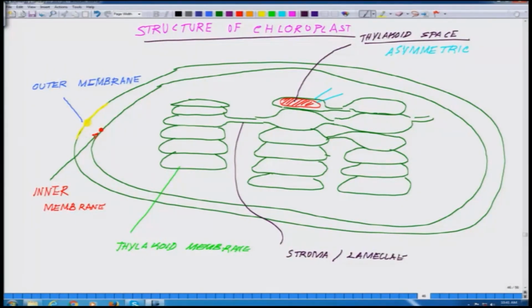And then there is a space in between these two which is called the intermembrane space. And this empty space that you see is called the stroma. So, overall this is the whole architecture of the chloroplast where these reactions are taking place.